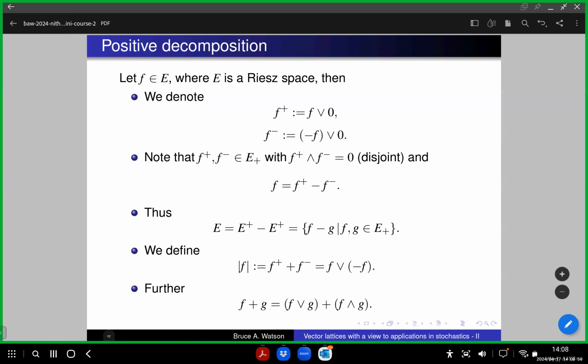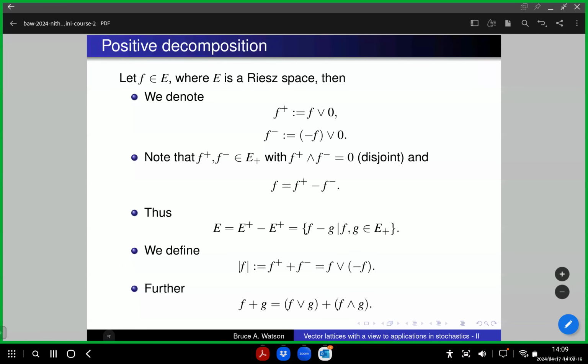And these are disjoint from each other. If you take the infimum of these two, we have that the infimum of f plus and f minus is 0. And furthermore, our original f is the difference of f plus and f minus.